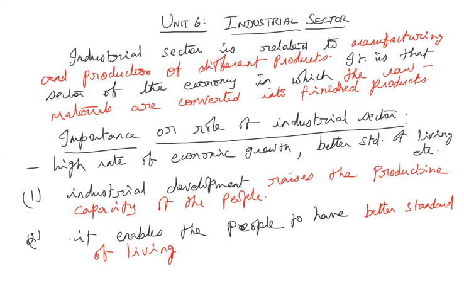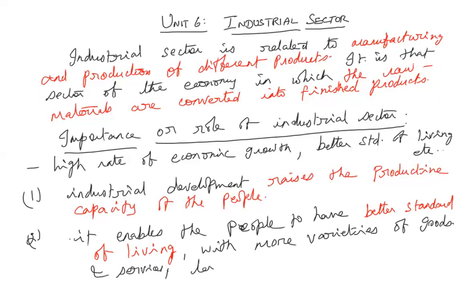They can purchase more varieties of goods and services, because industries can produce different varieties of goods and services. People can enjoy different varieties of goods and services, and they have better leisure. Since their productive capacity is high, their income earning capacity is also high, and they have a better standard of living, and they also have better health facilities.